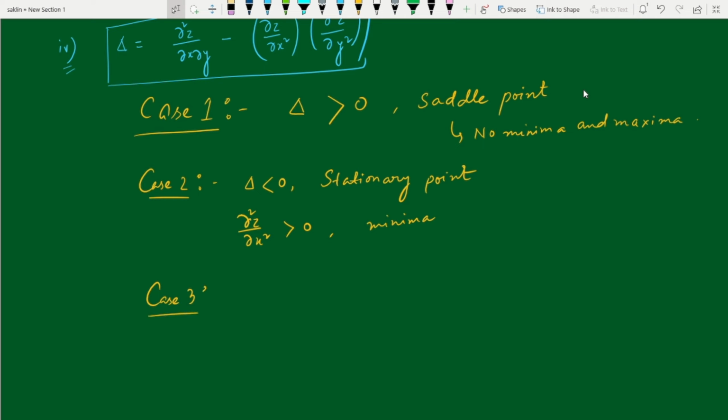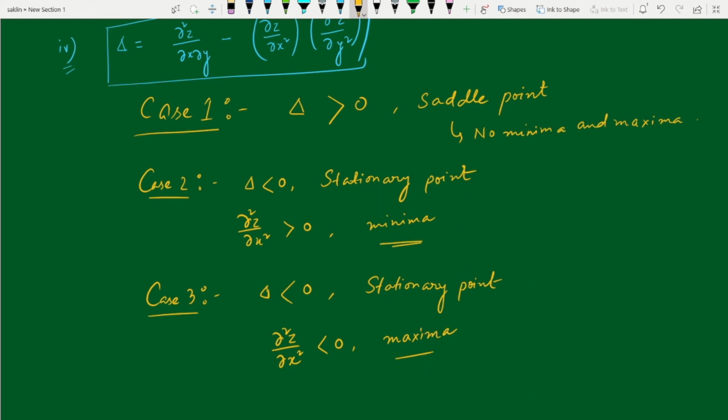Case 3, last and final case, if del is greater than 0, no, del is not greater than 0, del is less than 0, sorry. Del is less than 0, then there will also be a stationary point. If the double derivative of the function z with respect to x is less than 0, that means there is maxima.